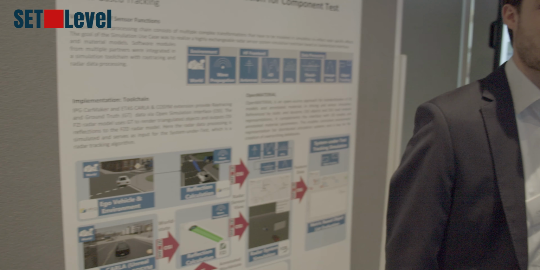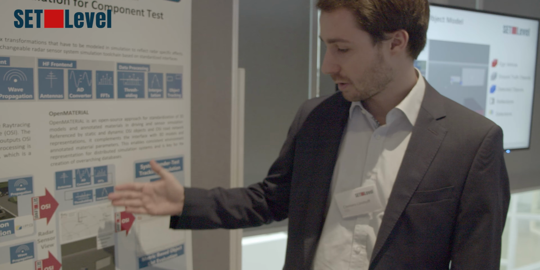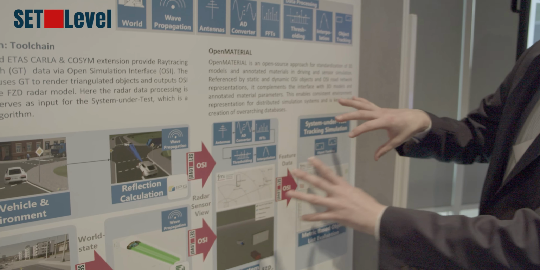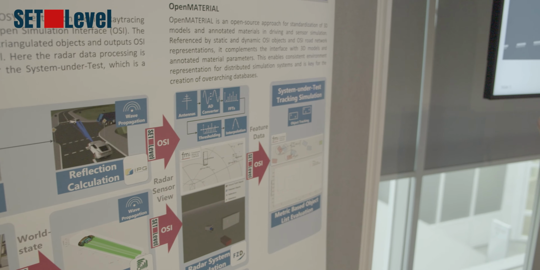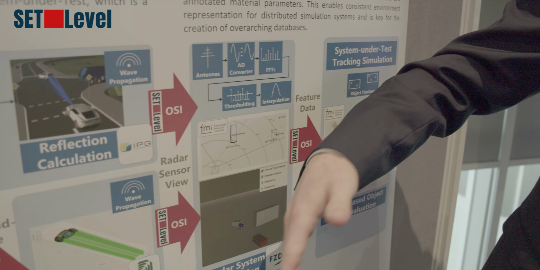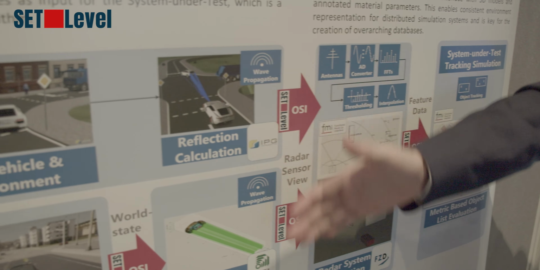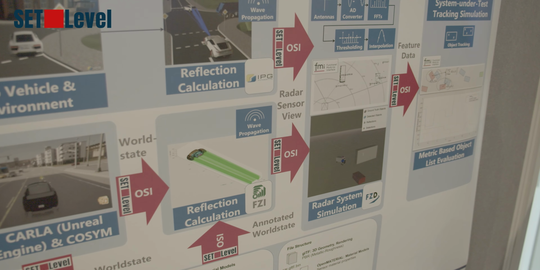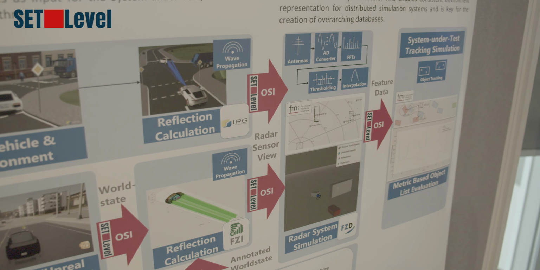Yeah, thank you, Sebastian. I will be talking about these two parts of our toolchain. As explained before, we take either the output from IPG CarMaker or this stream here, the reflection calculation. We take these reflections and we calculate the FFT output of the radar.